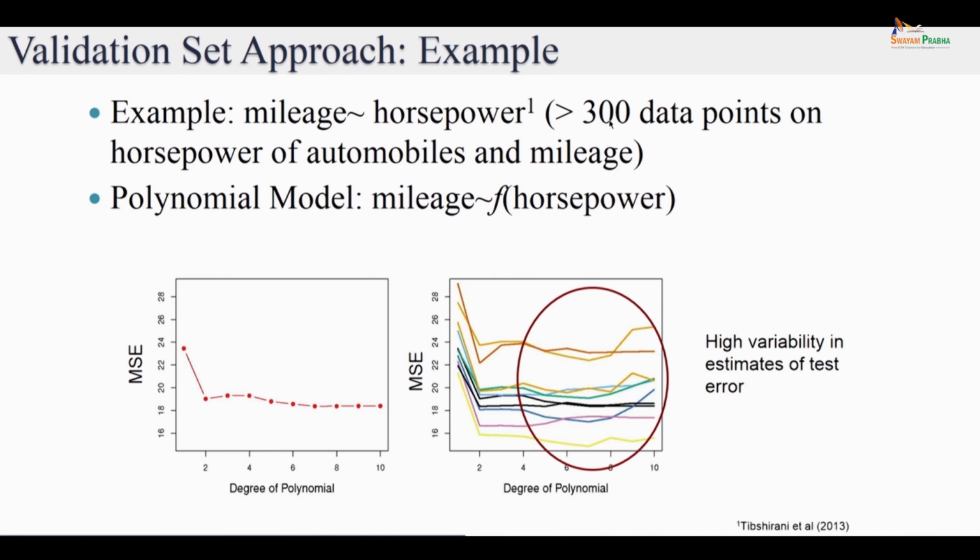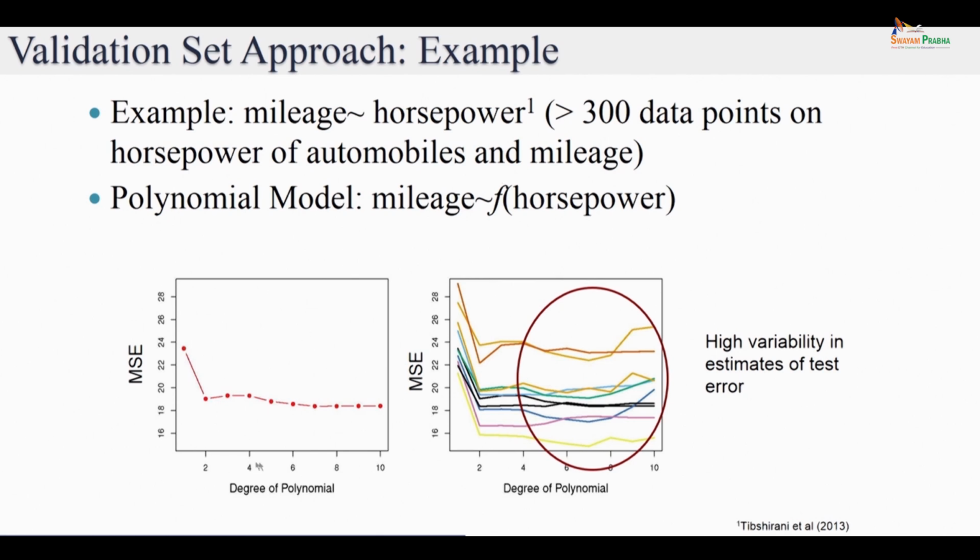So we have 300 data points or more of different types of automobiles, for which the horsepower and the mileage is given. We are going to fit a polynomial or a non-linear model between mileage and horsepower. Of course we can also try a linear model, but a polynomial model means you can also try quadratic and cubic models and so on and so forth. So this is what we are going to illustrate.